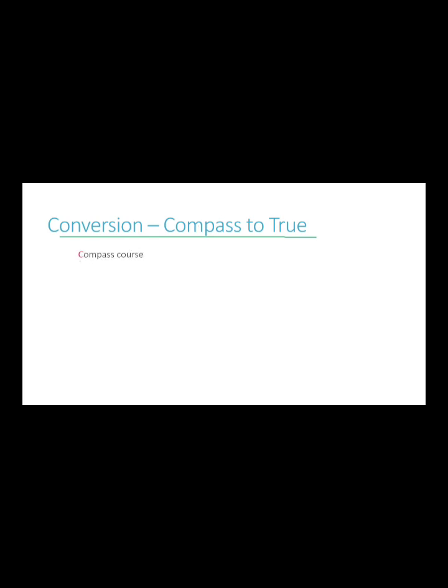How do we do that? We are given a compass course. We apply the deviation first. Okay. What do we mean by apply? Apply means that it could be added or it could be subtracted. So when the deviation is west, compass will be best. Compass best means you have to subtract the deviation to go to the magnetic course.